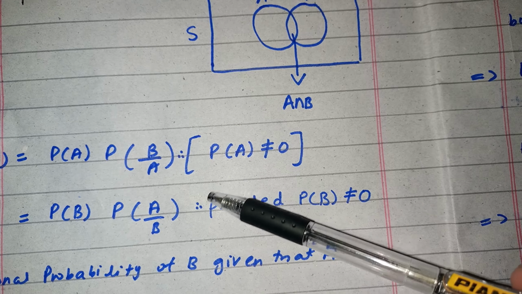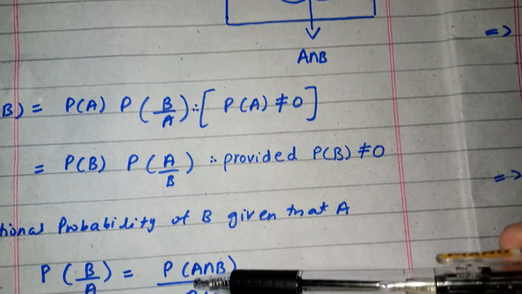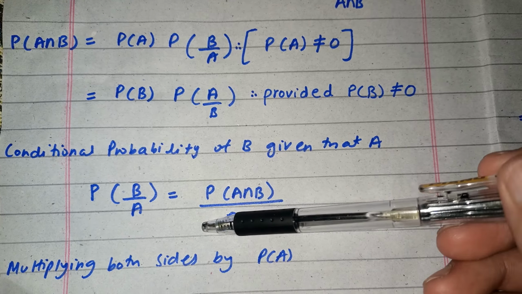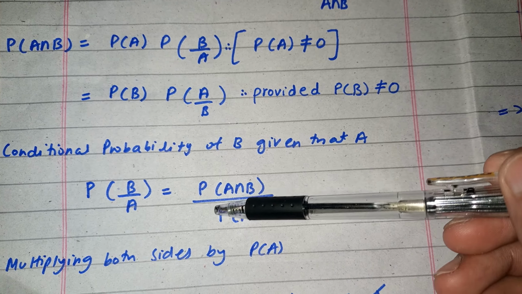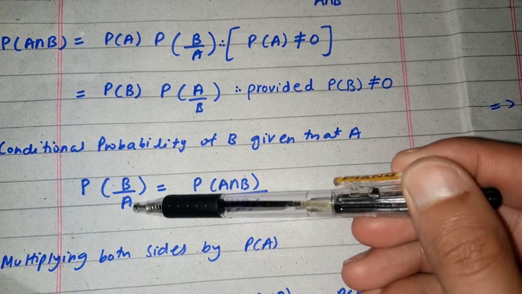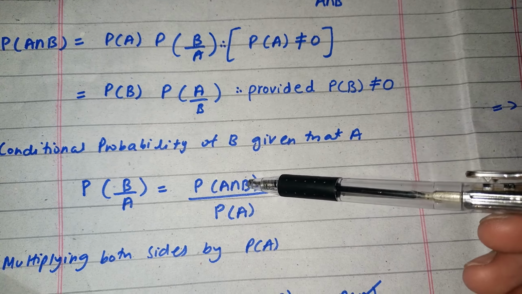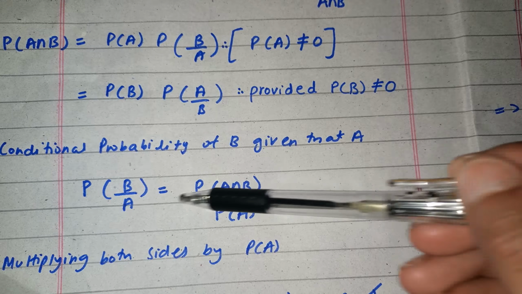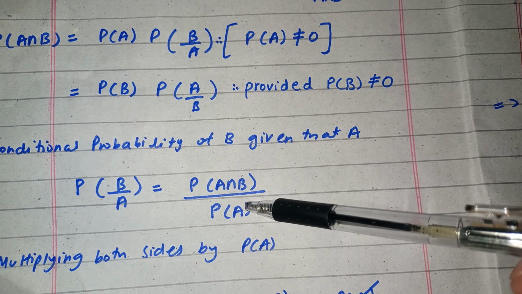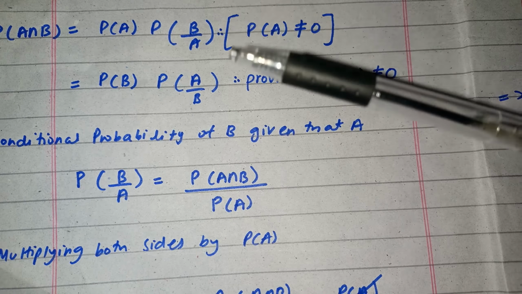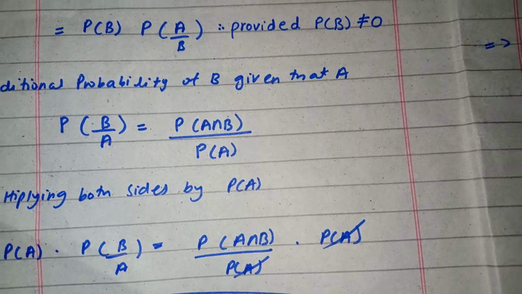We already know the formula of probability of B given A, which is probability of A intersection B over probability of A. Then we multiply both sides with probability of A, the probability of A cancels out, and we get this result.